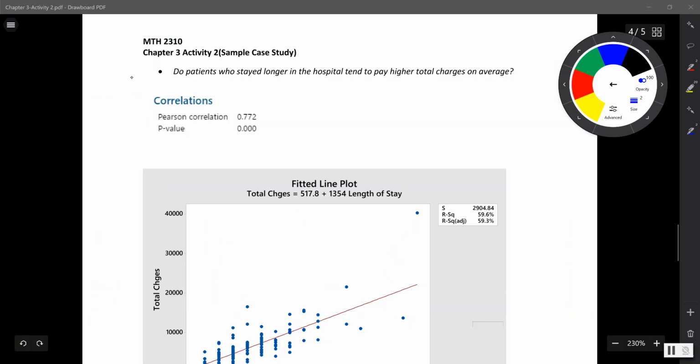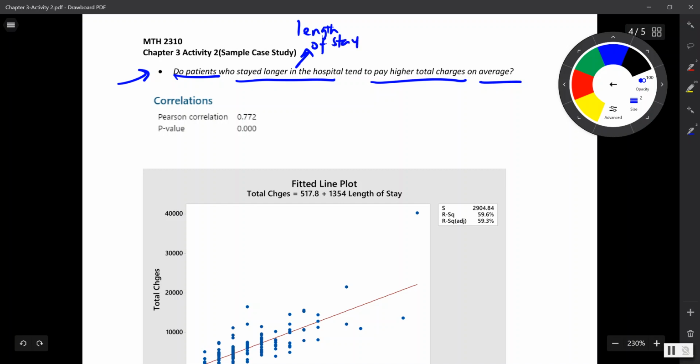Now, the next question we want to answer is, do patients who stayed longer in the hospital tend to pay higher total charges on average? This is a case where we are considering length of stay in the hospital with total charges.